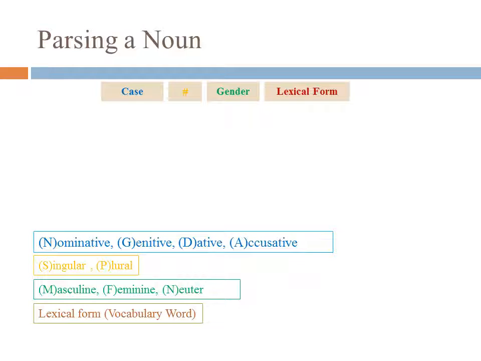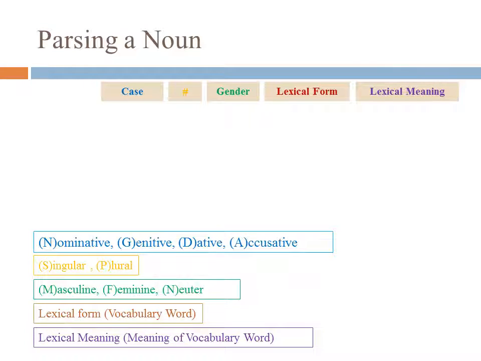We have the lexical form, and the lexical form is your vocabulary word that you learned. And the lexical meaning. Now, in your homework, Mouse is going to ask you for the meaning of the word. But with nouns, that's very difficult. It's very, very broad. So I'm just going to ask you to define the lexical form.